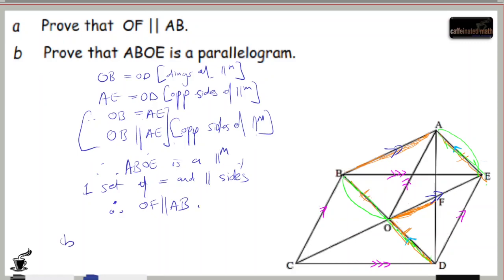Now B, prove that ABOE is a parallelogram. Well, see above. Right there.